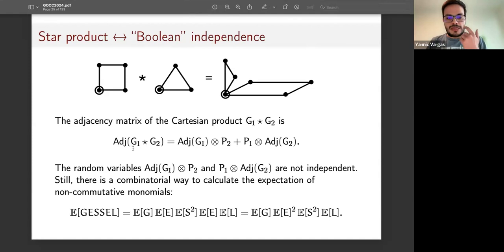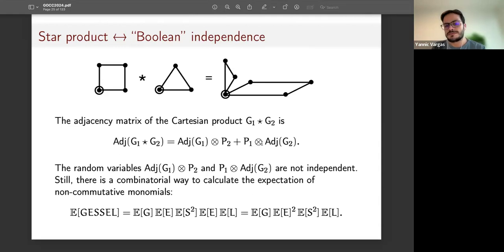And for the adjacency matrix of the star product, there is also another formula, to calculate this matrix in terms of the adjacency matrices of J1 and J2, and it's given by this rule. Here, P1 is the zero matrix except 1 in the entry corresponding to the root of J1. Same for P2.